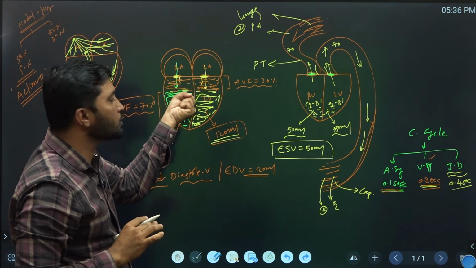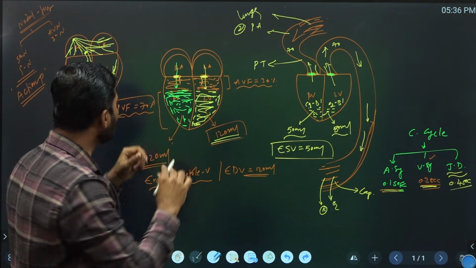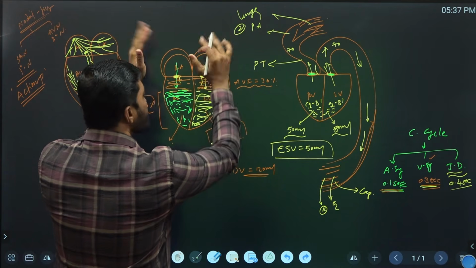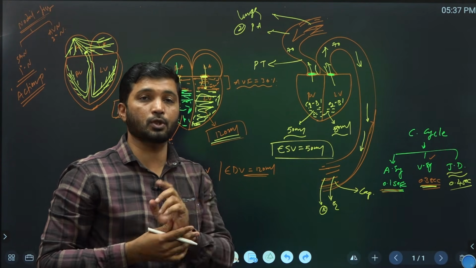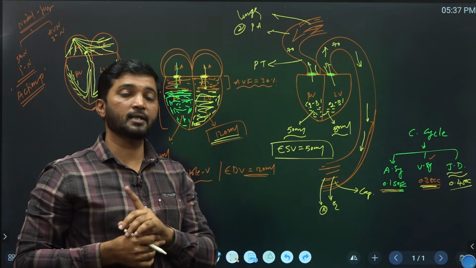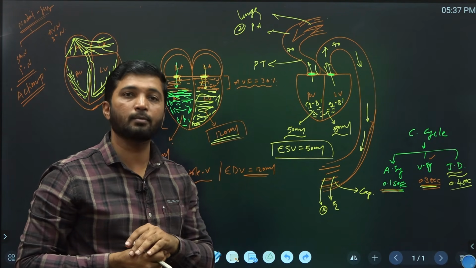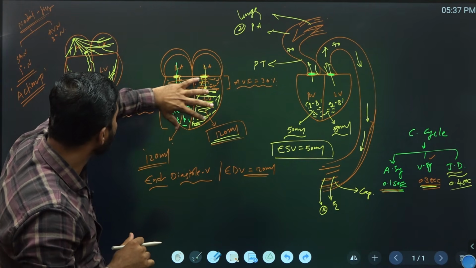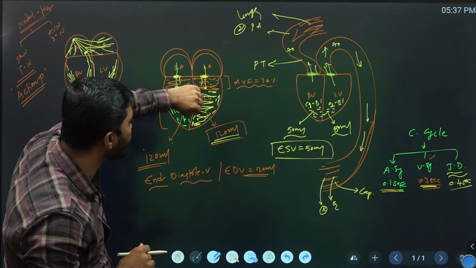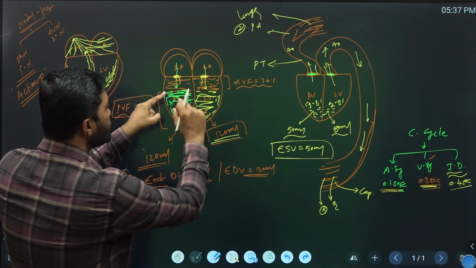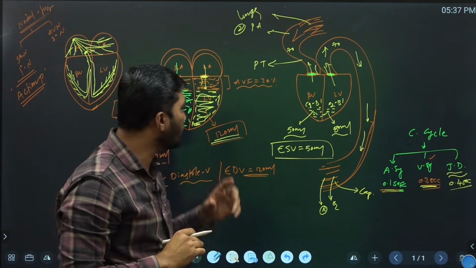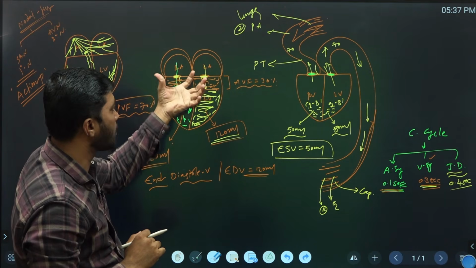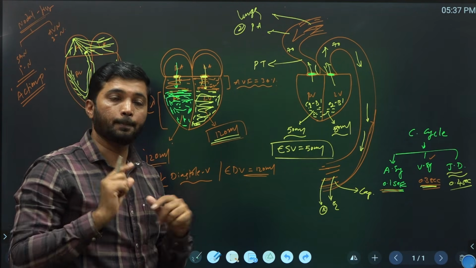Due to the increase of ventricular blood pressure, the AV valves forcefully close and the heart produces the primary sound called lub, that is the S1 sound. Once again, at the beginning of the ventricle systole, due to closing of the AV valves, the heart produces the primary sound, called lub.